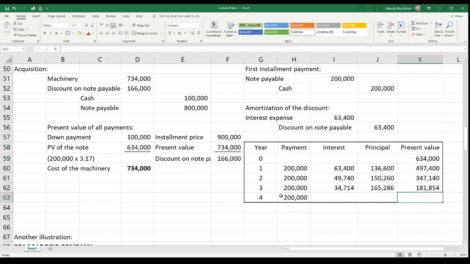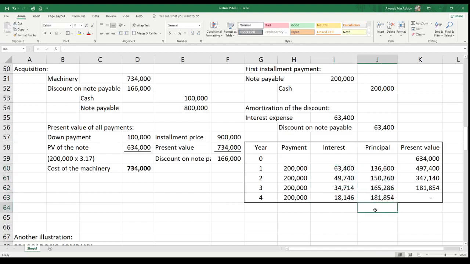Since year 4 should be 0 because everything has been paid, to make it 0, how much should we deduct from the principal? It will be equal to our latest balance, which is 181,854. So the interest will be the one to adjust. 200,000 minus 181,854 gives you 18,146.